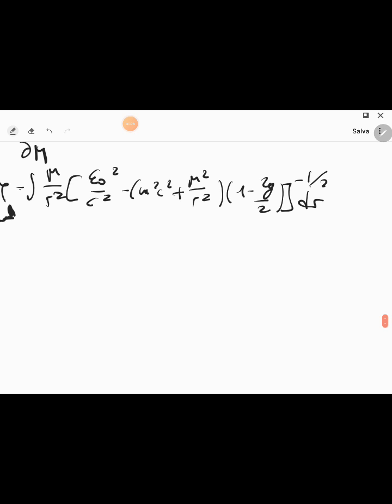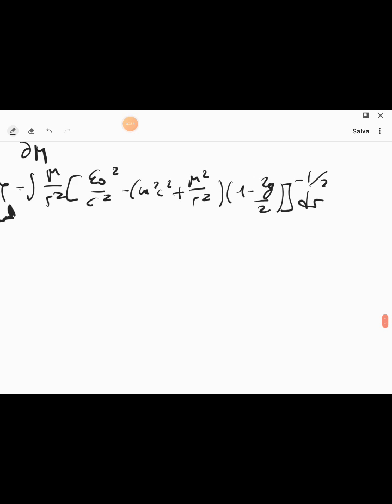Now, this is a particular kind of integral in mathematics, but I don't want to say its name because I don't know how to say this word in English. For Italian people, this integral is called integrale ellittico, but I don't know how to say it in English, so let's go on.